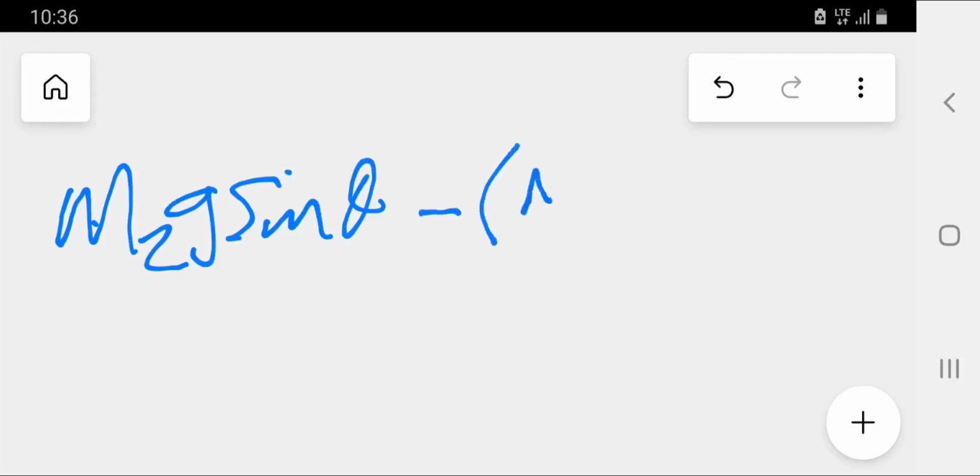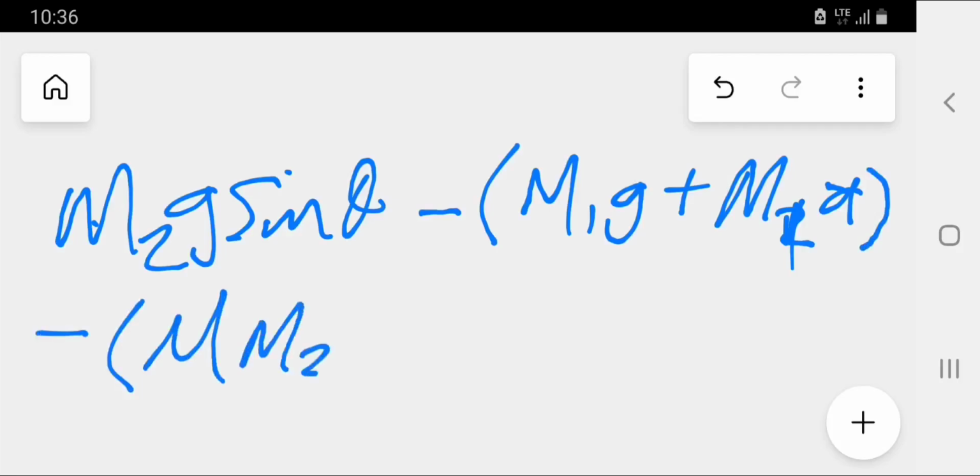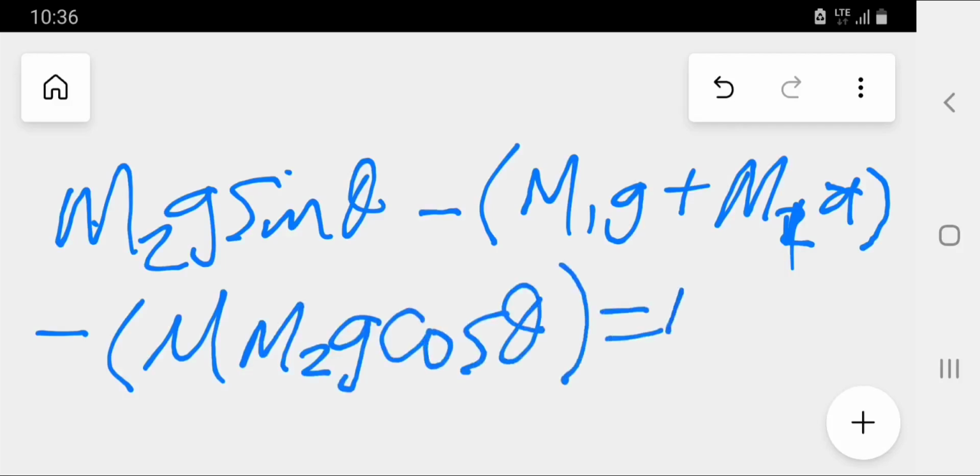We've made that m1g plus m1a, sorry, m1a, minus mu m2 g cos theta being equal to m2 times acceleration. So this is how our equation is going to be.